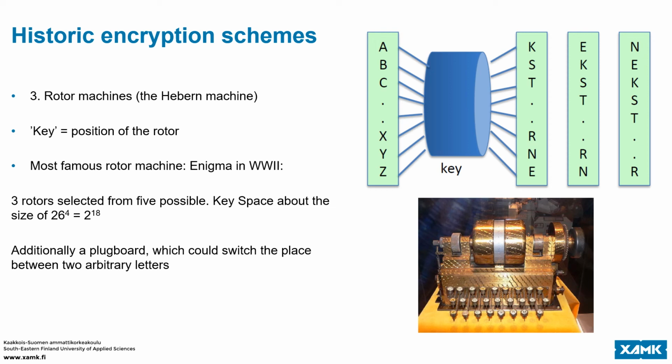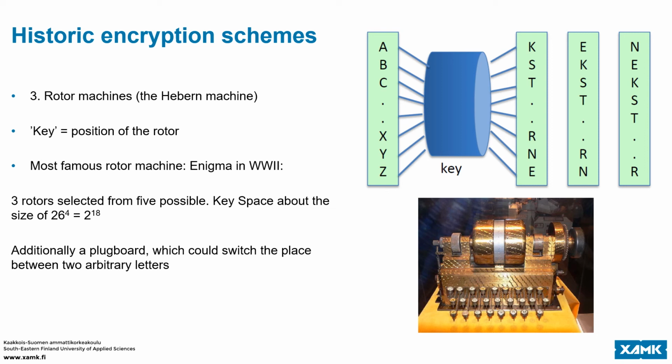Basically, it's a machine where the input message is put through a series of substitutions, and these substitutions are determined by the positions of a series of rotors which have been joined together. These rotors move after each substitution, producing the next series of substitutions.